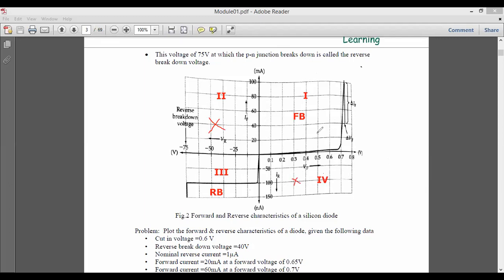any voltages or any value of current in quadrant number 2 and quadrant number 4. This is how we plot the VI characteristics of a silicon diode. If you look at this graph, the milliampere axis is the current plotted across the voltage V. This is our saturation voltage of silicon, which is 0.7.